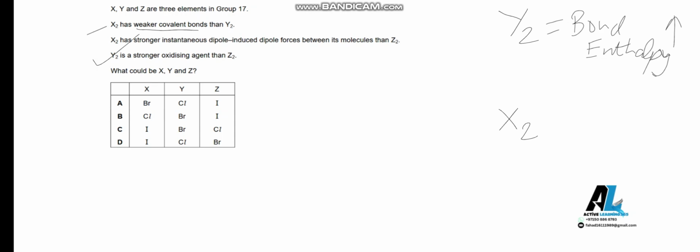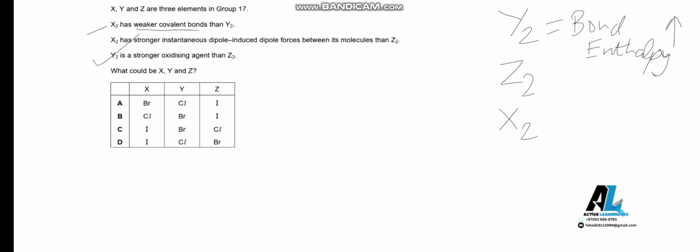So we know that the oxidizing power for the halogens decreases down the group. If it decreases down the group, that means Y2 will be above Z2, right?